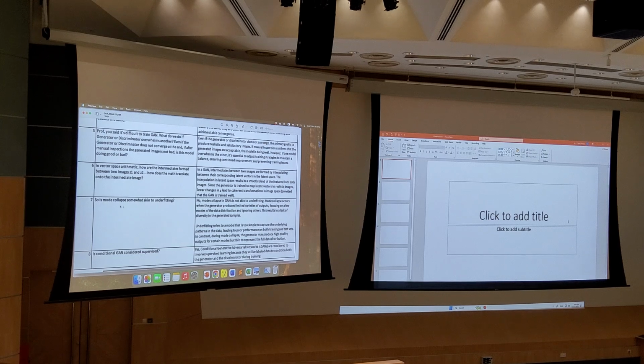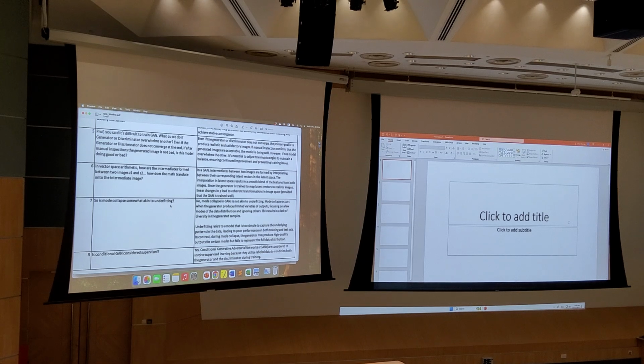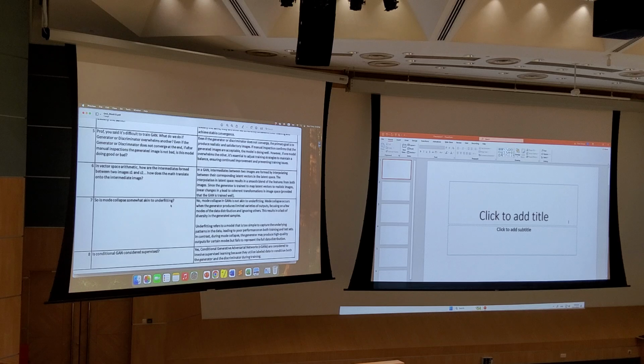Then, is mode collapse somewhat akin to underfitting? No, mode collapse is not underfitting. Underfitting means that our model is too small to capture the data, that's why it's called underfitting.